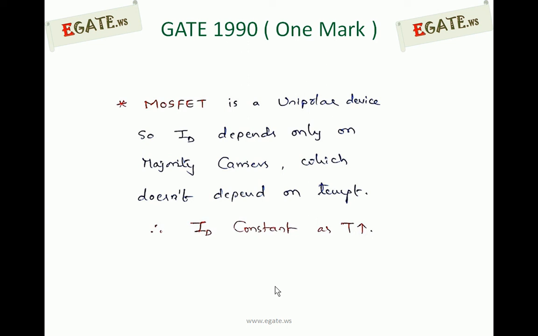From our conclusion, as temperature increases, only minority carriers increase, majority carriers remain almost the same. So in a MOSFET, the current depends only on majority carriers, which don't depend on temperature, so the drain current is almost constant even as temperature increases.